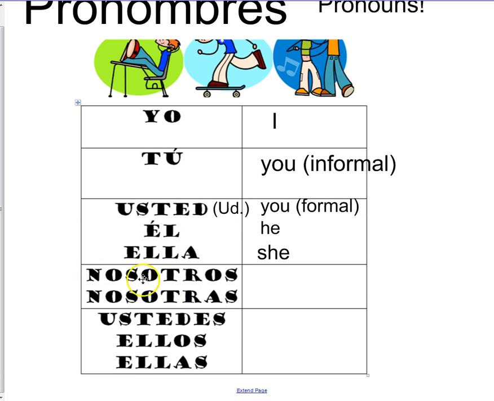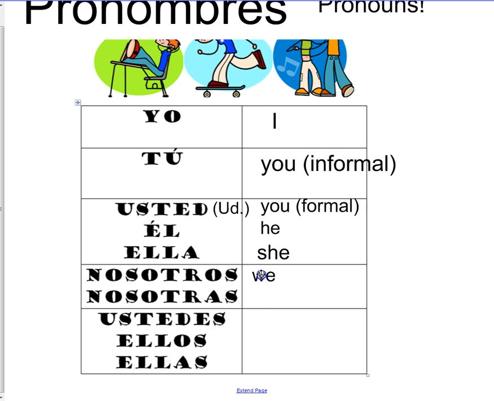And then we have these two in this box. And nosotros, this long, crazy word, nosotros, is one word in English, we. Now, there's two forms of nosotros here, and sometimes you will see this form of nosotros, which is nosotras, has an A there.